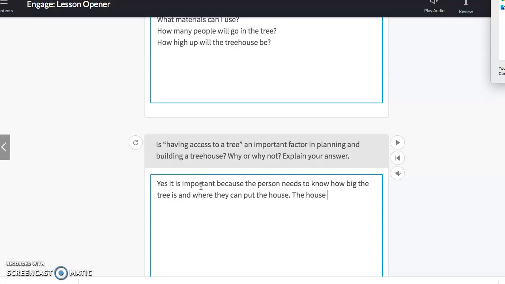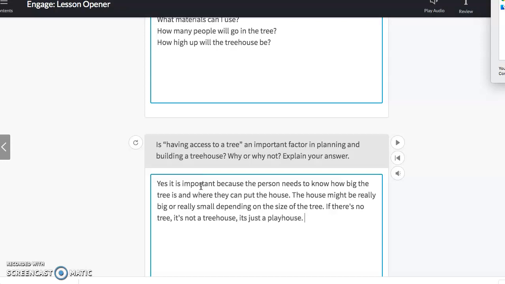The house might be really big or really small depending on the size of the tree. If there's no tree, it's not a tree house. It's just a playhouse. All right.